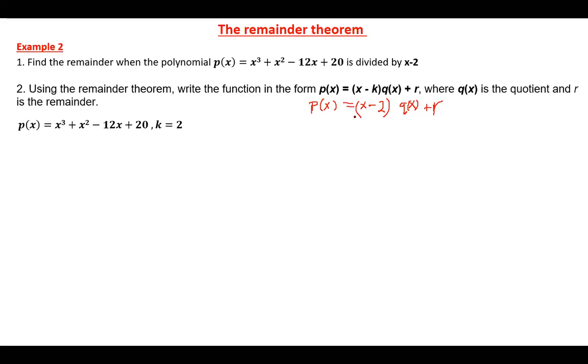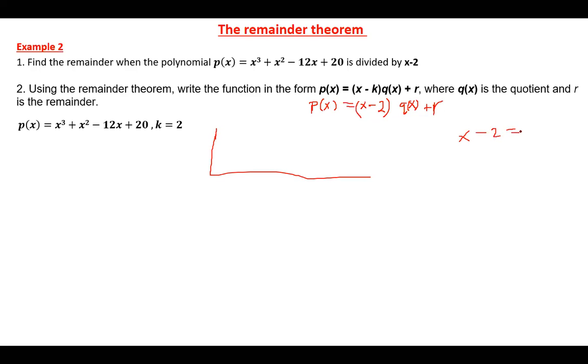Here you can use synthetic division or long division, and let me just use synthetic division because of time. Synthetic division is a little bit simple, it's not that complicated, and you cannot easily make a mistake. So we've been given x minus 2.